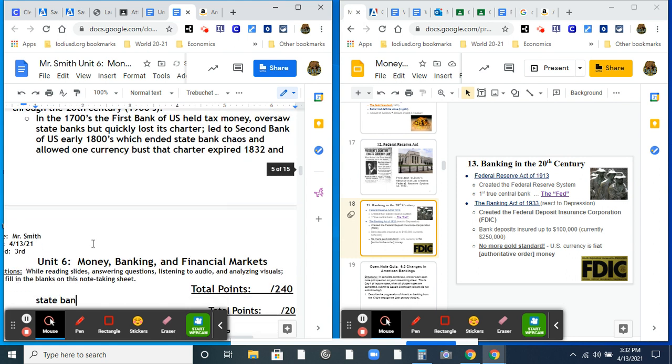State banks ruled until the Civil War, and it began the gold standard.